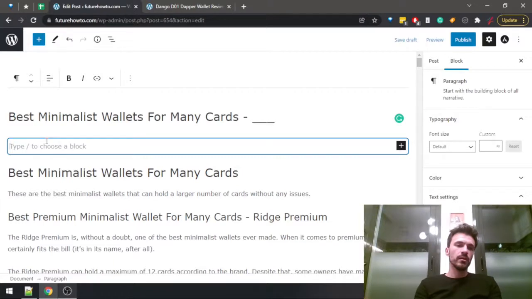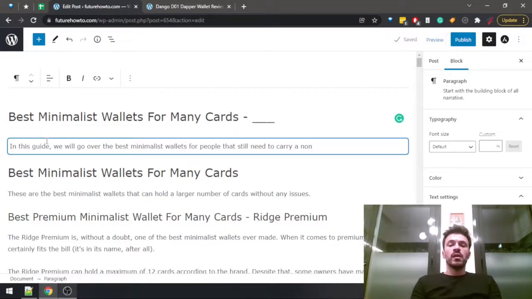So maybe we can say something like, in this guide we will go over the best minimalist wallets for people that still need to carry a not so small number of cards.